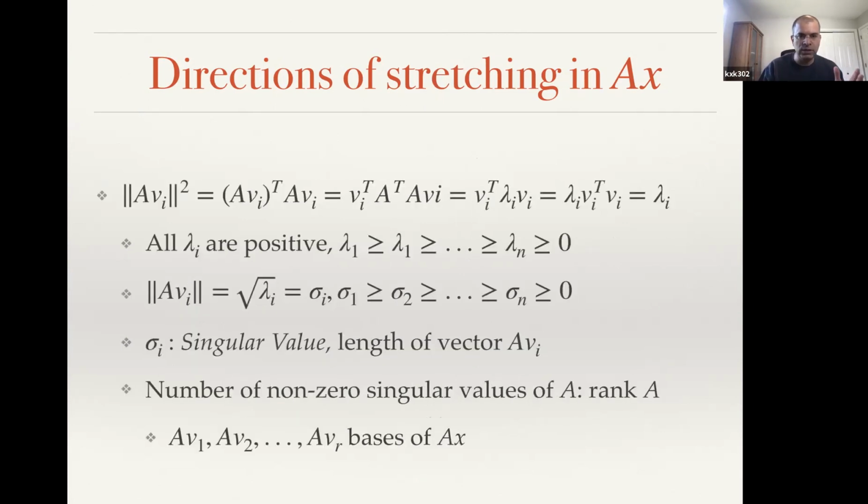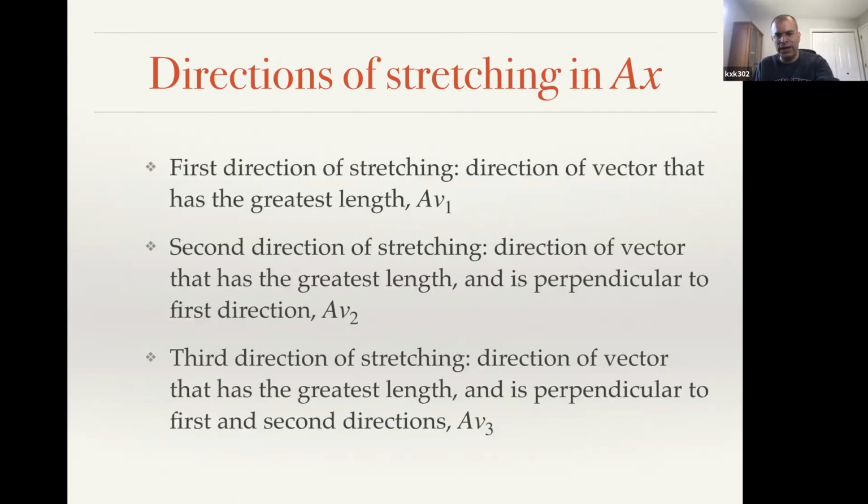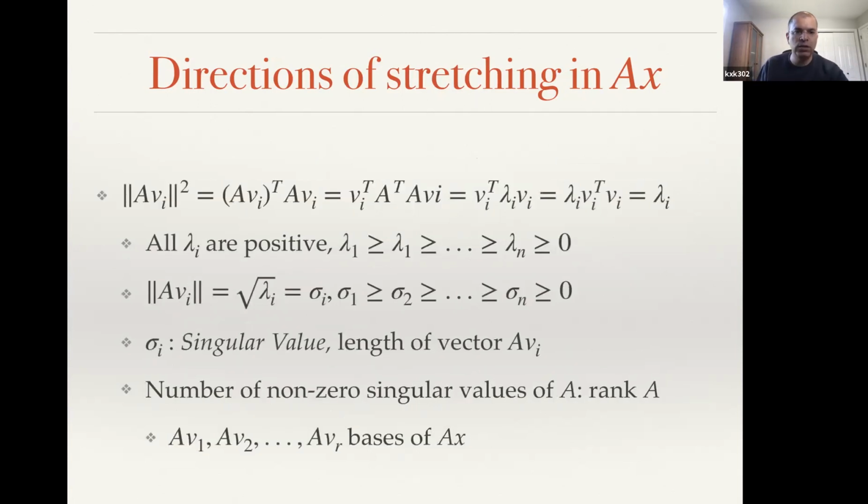So let's see what that means. Av1, Av2, Av3 give you the direction of the stretch. These vectors' lengths are not 1, and we want to deal with vectors that have a length of 1. So let's calculate the length of Av1. With some replacement, we're going to get lambda i, so lambda i is the norm of Avi to the power of 2.